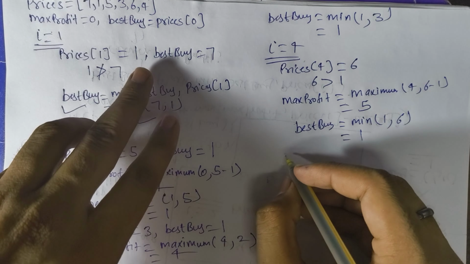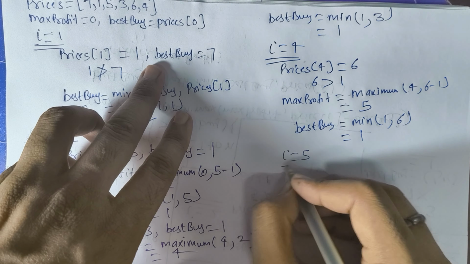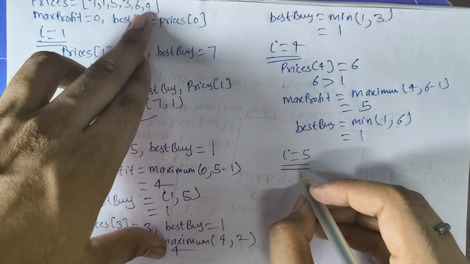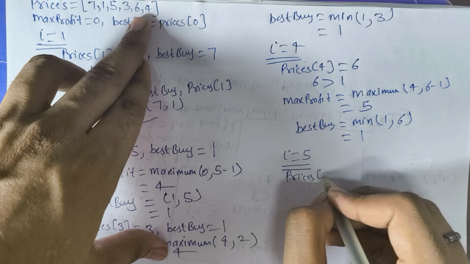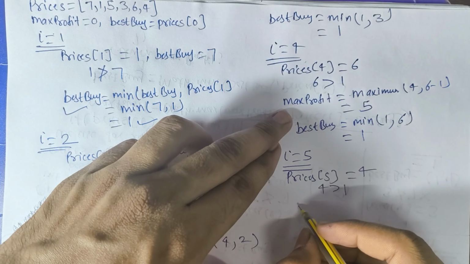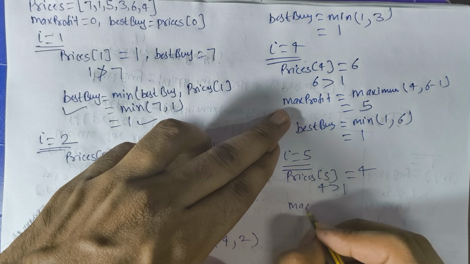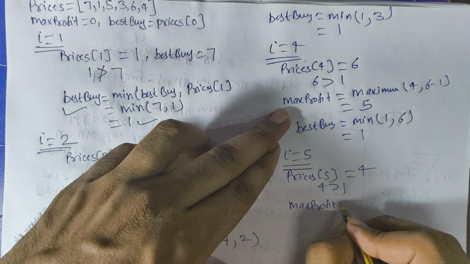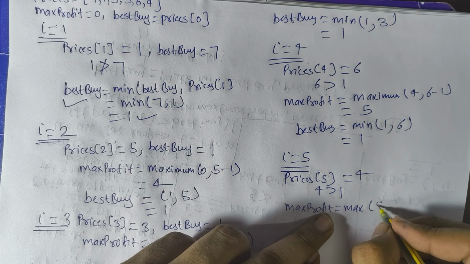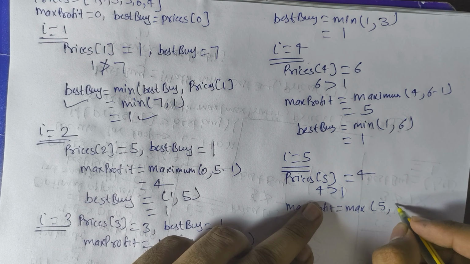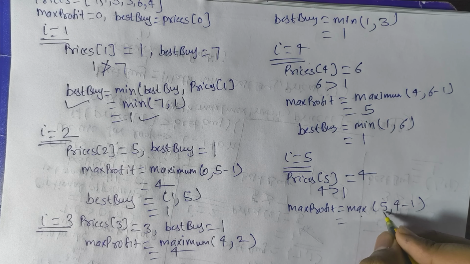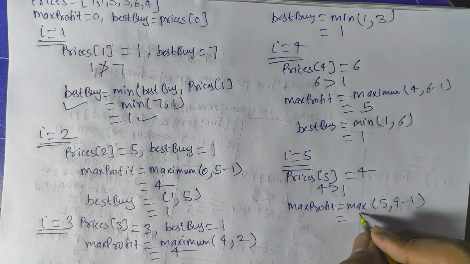Now we will go for i equal to 5. Okay, price[5] is equal to 4, and 4 is greater than 1, and max profit is equal to the maximum of 5 and 4 minus 1, so the maximum of 4, 5 and 3 will be 5.